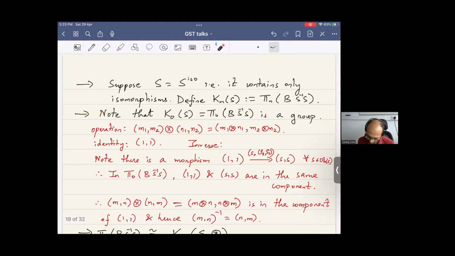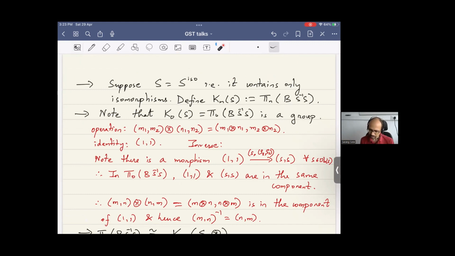Now we want to look at the special case where S is S iso. What do I mean by that? That means it contains only isomorphisms; the only morphisms in S are isomorphisms. For whatever reason, this is the setup that we are actually going to use when we apply this construction for various purposes.